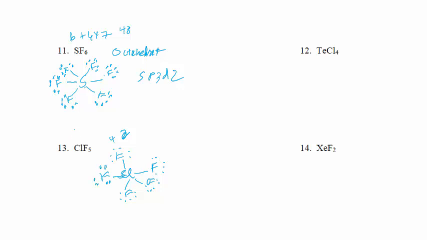Of course, what I'm saying is 7 plus 35 equals 42. I miscounted the electrons. So I need 2 more electrons, which is right here.